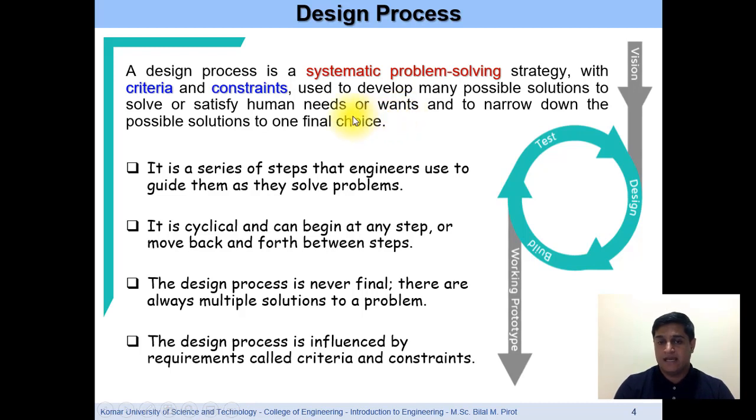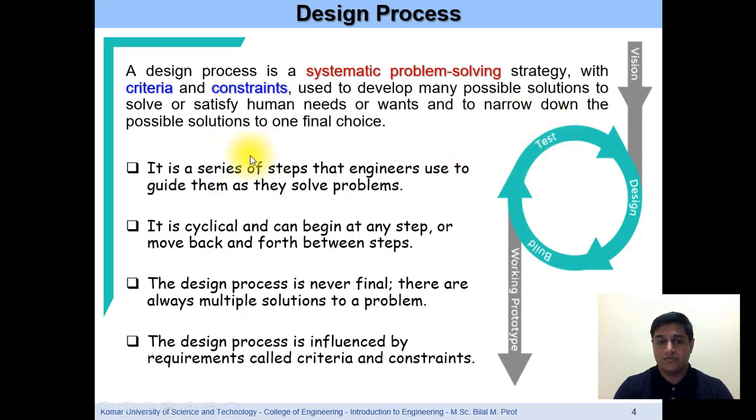Okay, so satisfying human needs and wants by solving different problems in the process of designing is very important to be covered, to be identified in any systematic problem solving strategy.